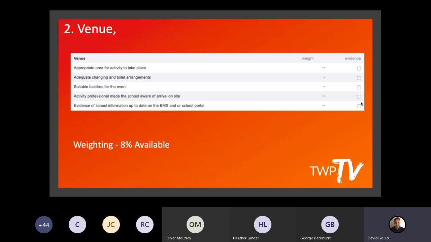Typically they have a what? Stage out. Staging, Christmas tree, yeah, all this stuff. Now, let's say it's a hot sunny day and we're delivering a football club. Well, actually, could we then take that football club outside because that is a more appropriate area with the weather considered, with the staging and the Christmas tree in the way?